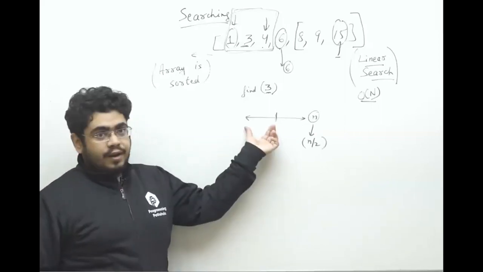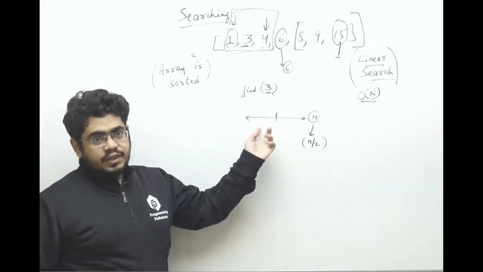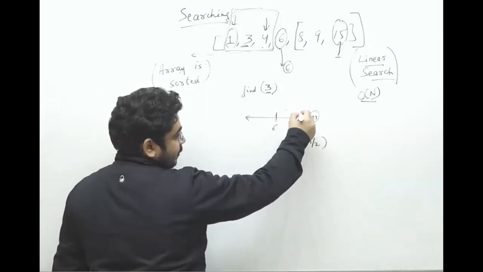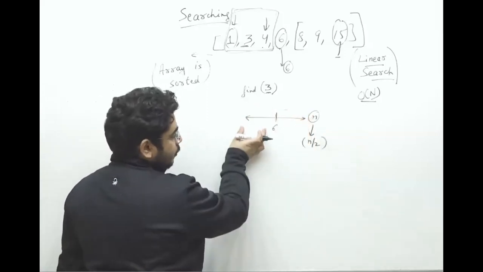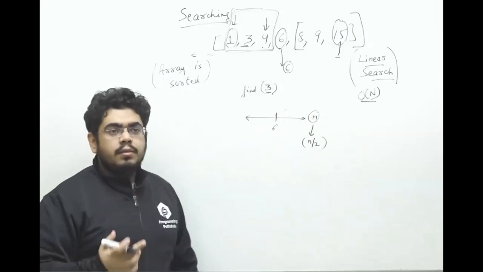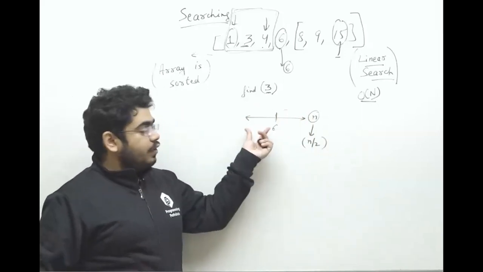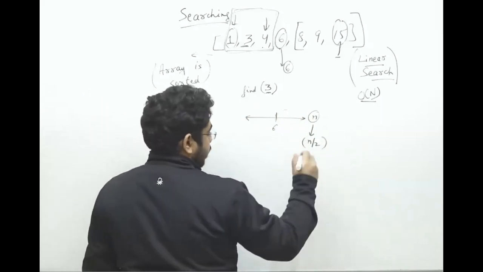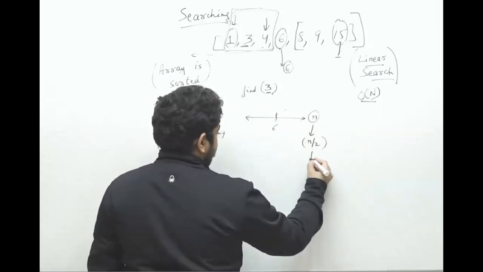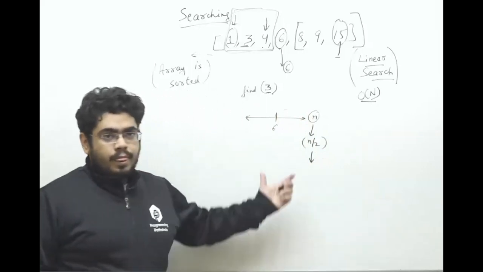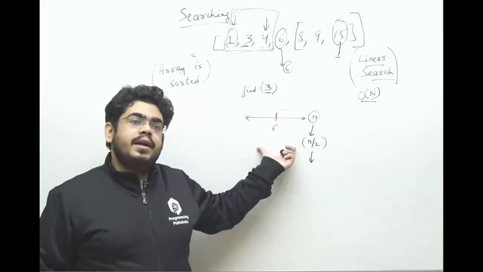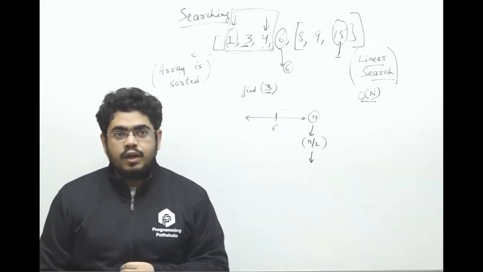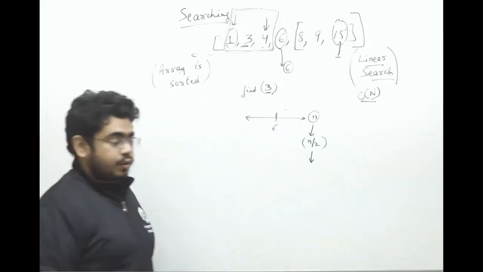Either I'll select the left half or the right half. If this is 6, I want to search 14, I will only use the right half. If I want to search 1, I will only use the left half, right? But essentially, I'll only be left with one of the two halves. So it will become half. Can you extrapolate and put out the next step? After I do the same with this n/2, that is find the middle, what will be the search space left after I select one half? n/4, right?